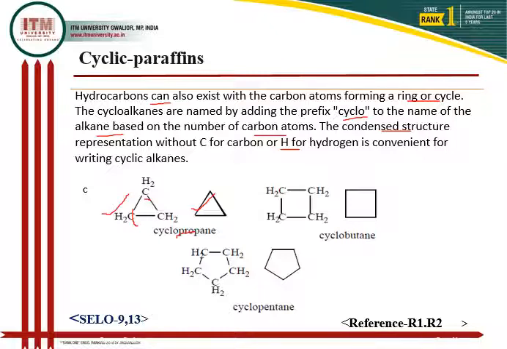Similarly, you are able to see here the 4 carbon atoms with the closed structure, cyclobutane, cyclopentane, cyclohexane. So according to the number of carbon atoms, it has the homologous series.